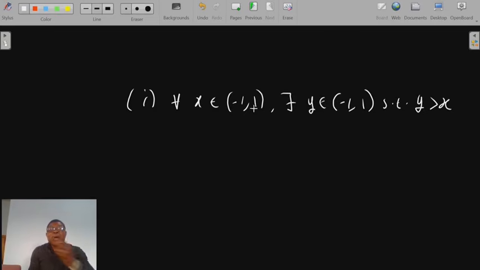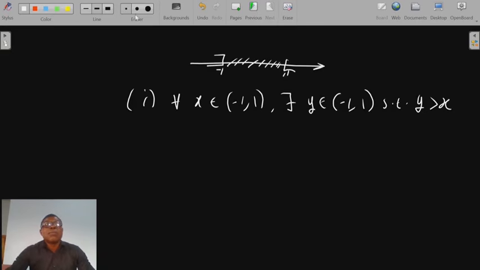Remember, (-1, 1) is the open bounded interval from -1 to 1. If we take this as the real line, and you have -1 here and 1 somewhere here, we are talking about the collection of points between -1 and 1, not inclusive.